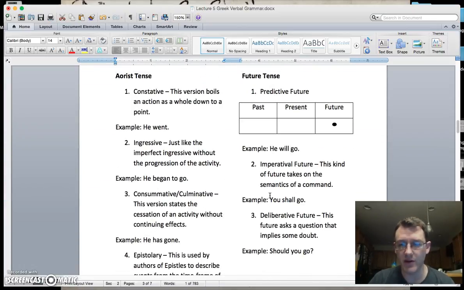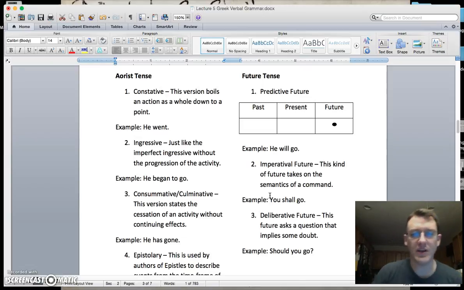Now you'll notice with the aorist that I don't have any of these little graphs. That's because the aorist doesn't really happen in time. The aorist is simply a kind of verb that states an action and boils it down into an instantaneous kind of idea.